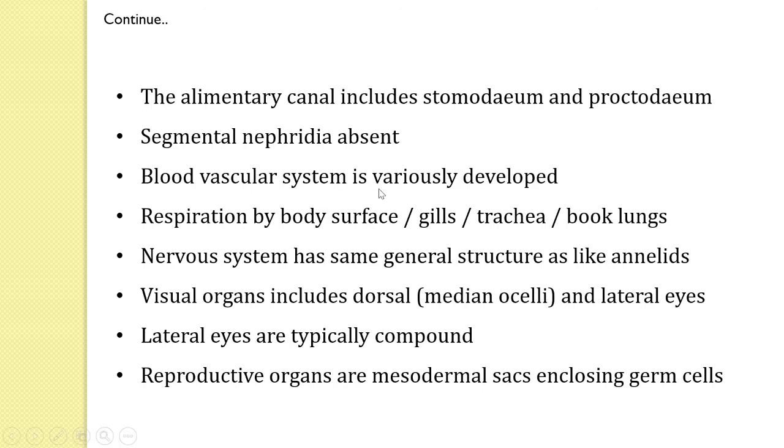The blood vascular system is variously developed, but its plan conforms with that of the annelids. Respiration takes place either through the general body surface or through gills when aquatic. It is carried out with the help of trachea and book lungs when the arthropod inhabits the terrestrial environment.